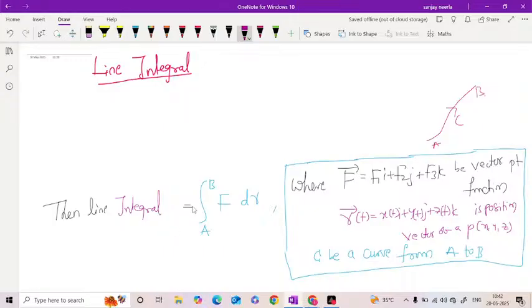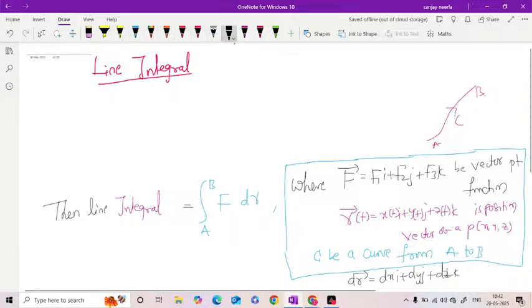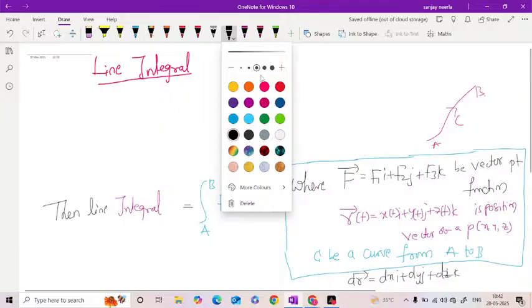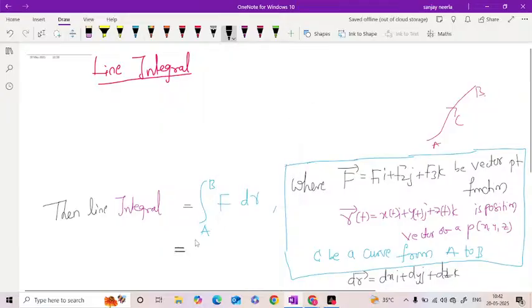Already we know that F is the vector point function and R is the position vector, but here dr is equal to dx i plus dy j plus dz k. After multiplying, this whole integration will be the integral a to b of the dot product of these two vectors.